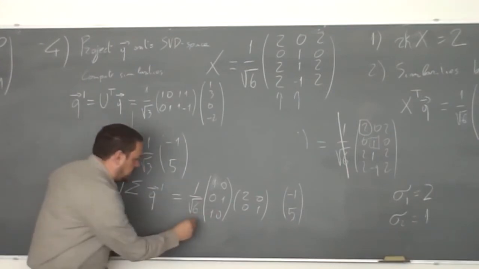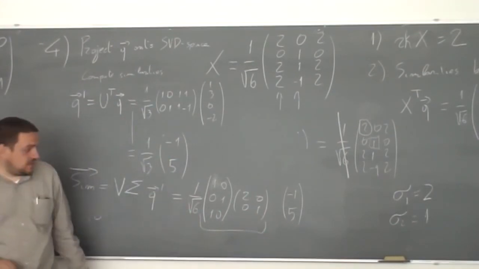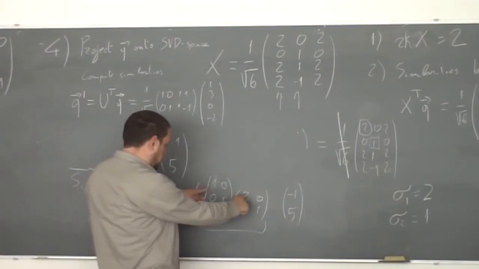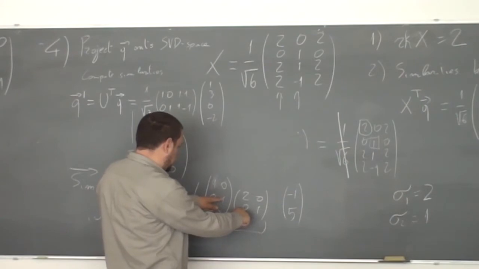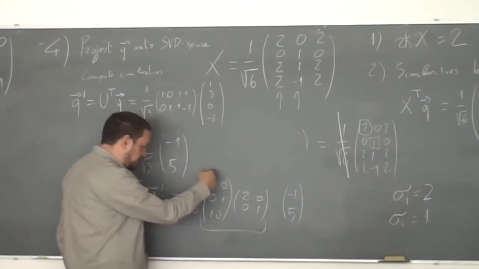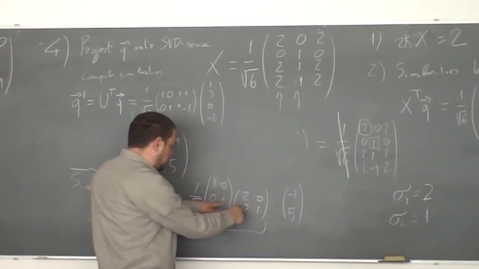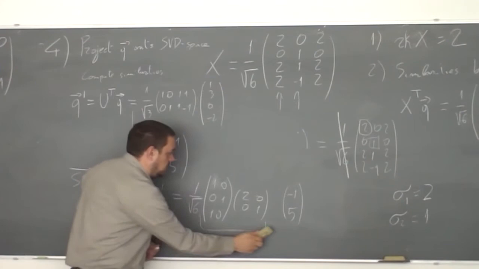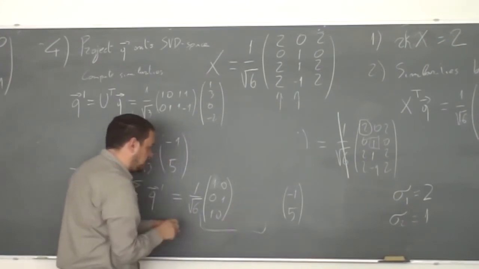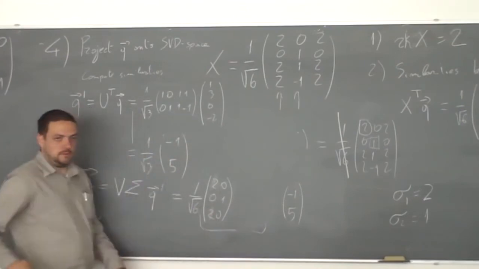Okay, now we can compute V times sigma, which is simply this row. So the first column is multiplied by 2 and the second is multiplied by 1. So we can incorporate this sigma just by multiplying by 2.